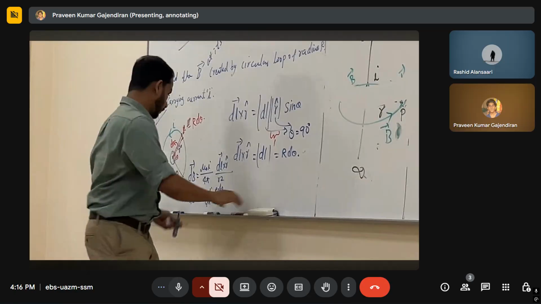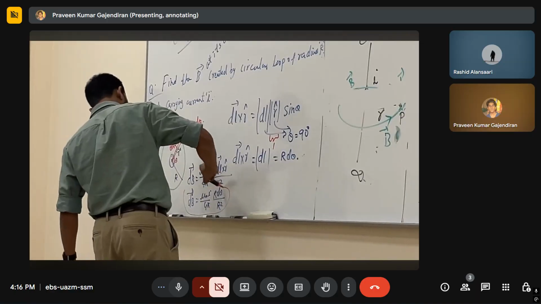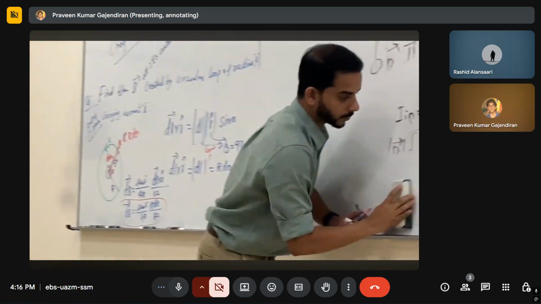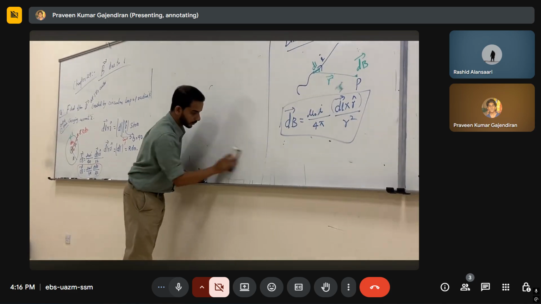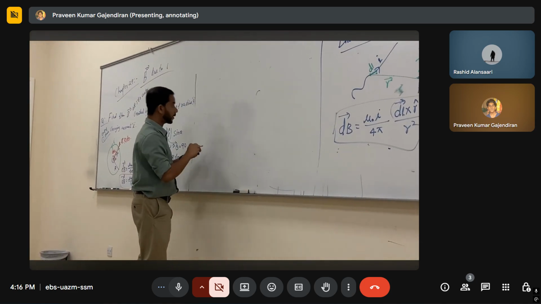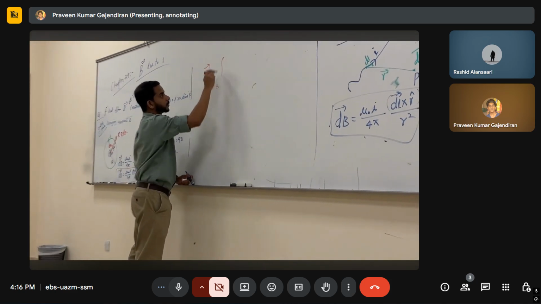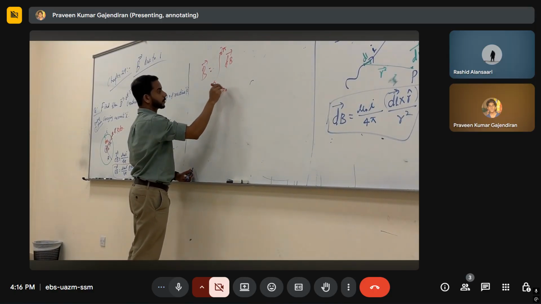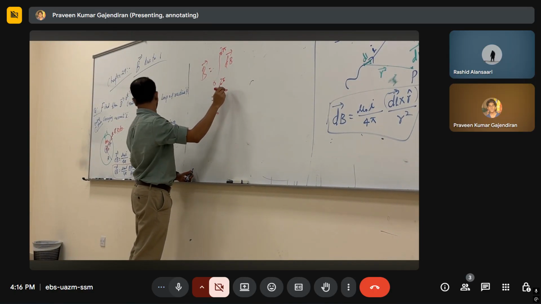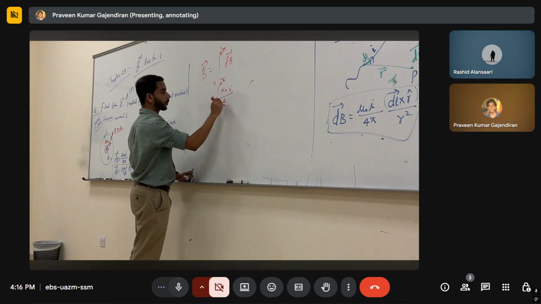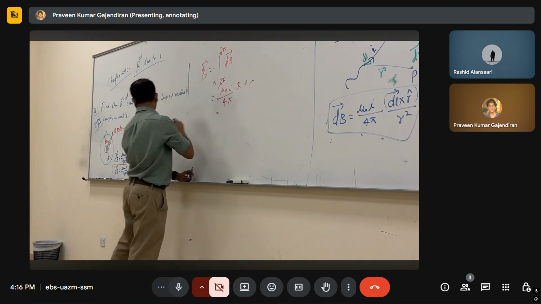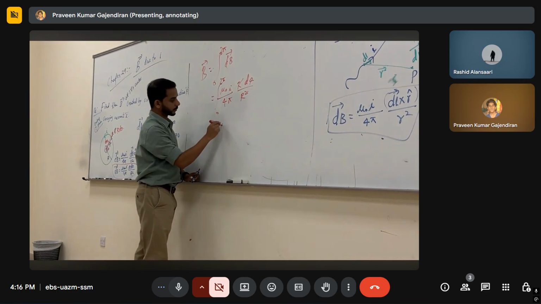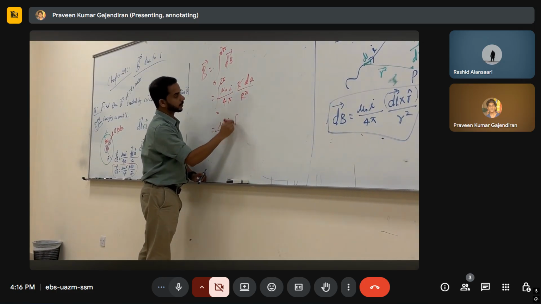Now you can solve. You got the dB. Now you integrate from 0 to 2 pi, since you have the circular loop, so the maximum it can go is 2 pi. So the magnetic field will be the integral from 0 to 2 pi of mu0 I over 4 pi, R d theta over R squared.